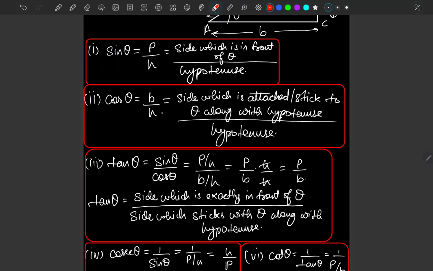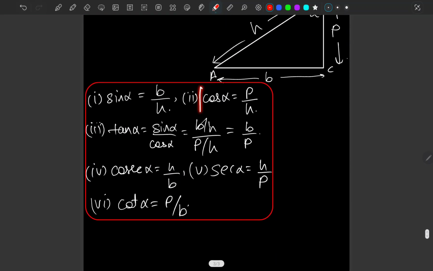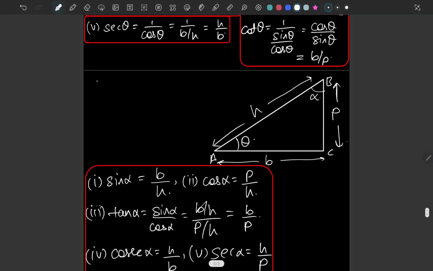Take a look at the value of cosine theta here. Sine theta is p over h, and here cosine alpha is p over h. It means that if this angle is theta, then sine theta is cosine alpha.